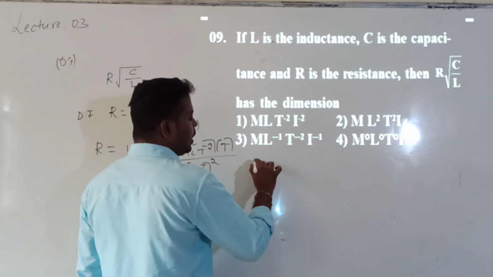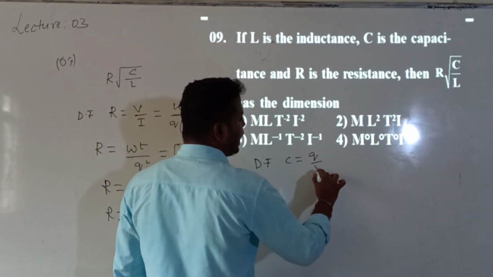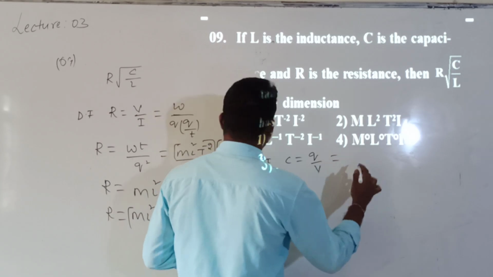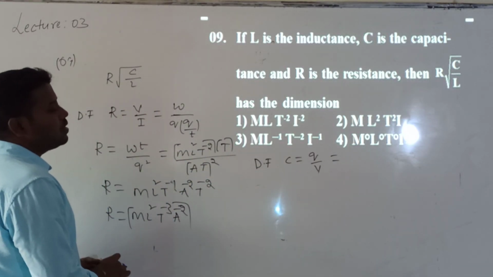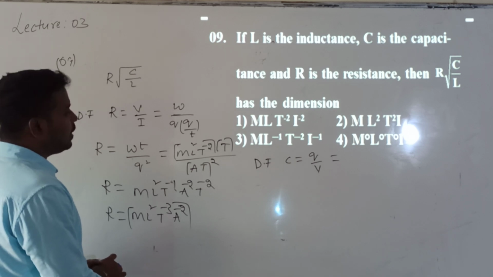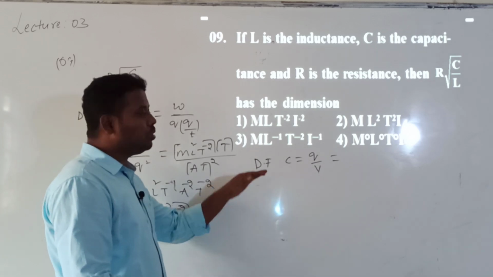What is the dimensional formula of capacitance? C is nothing but Q by V. Actually, directly also you can tell. C value is equal to Q by V. But first, I will write it anyhow because you should know.